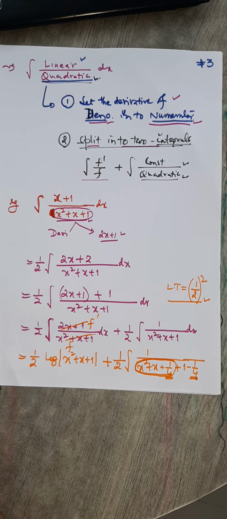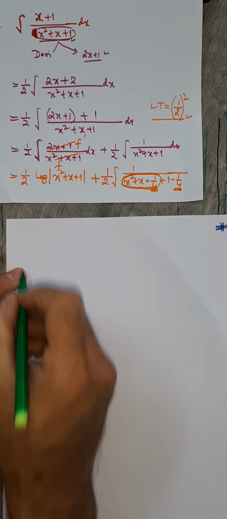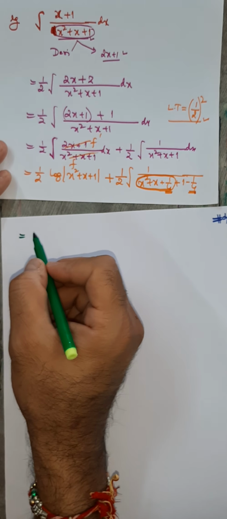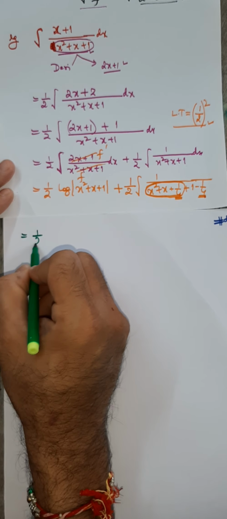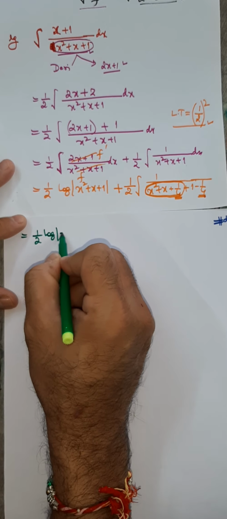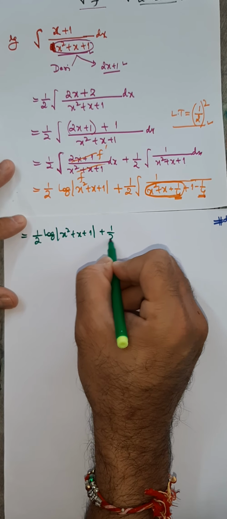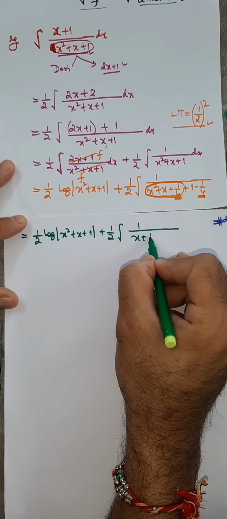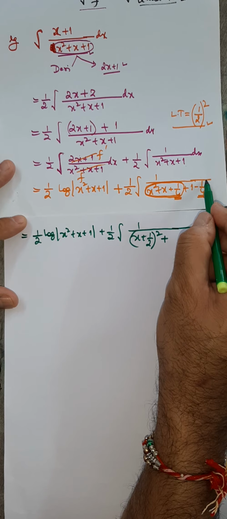Okay, so now finally we are getting 1 upon 2 log of mod of x square plus x plus 1, plus a half here, 1 upon x plus 1 by 2 the whole square plus the simplification of this much.